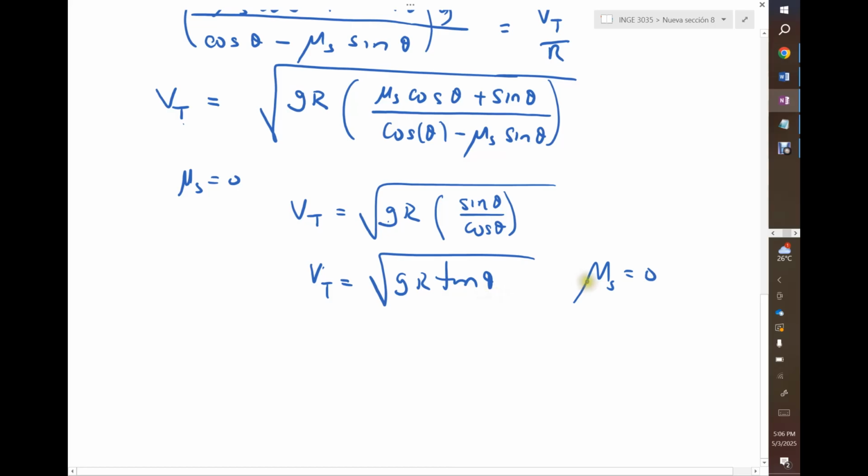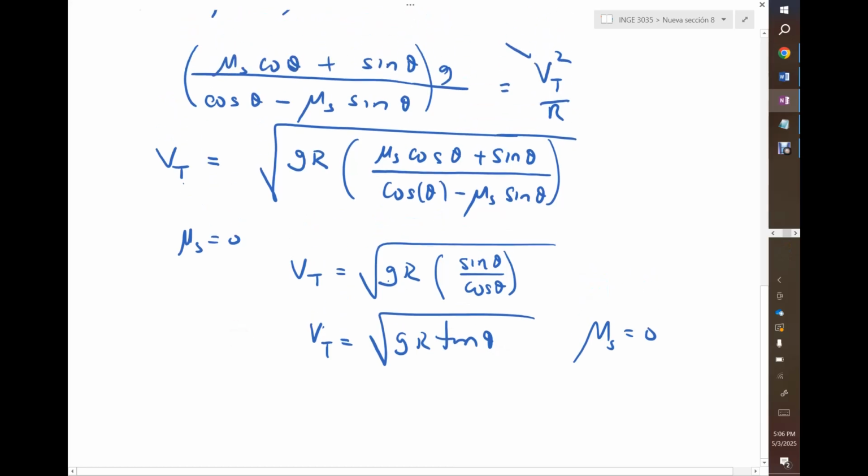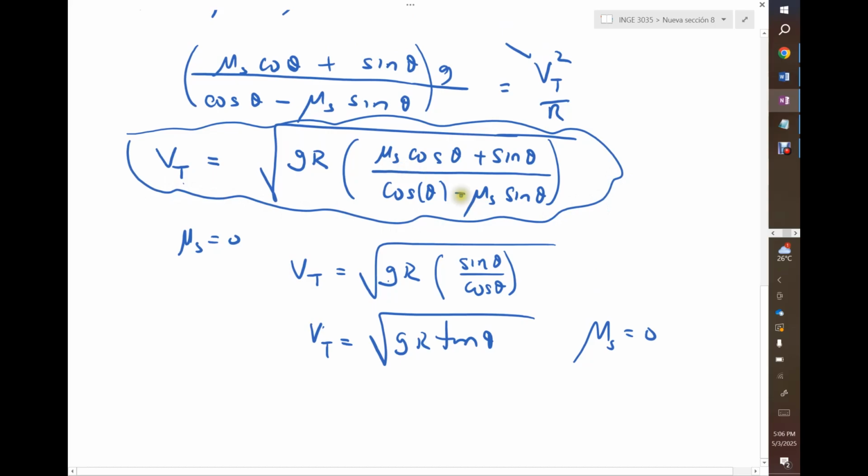No friction is going to be hard for that car to stay there. So you got both results here, one that depends on the angle, and one on static friction. What will happen now if theta is 0?